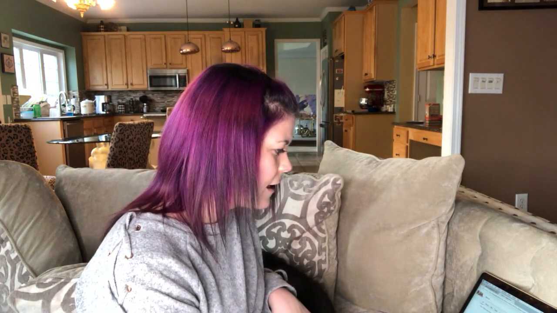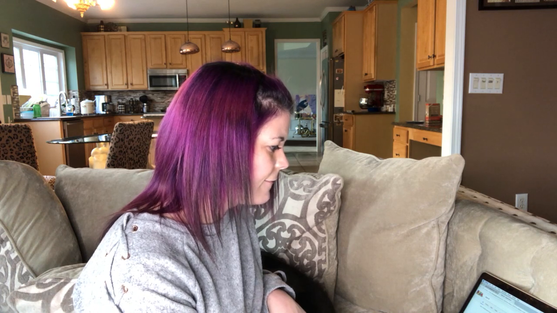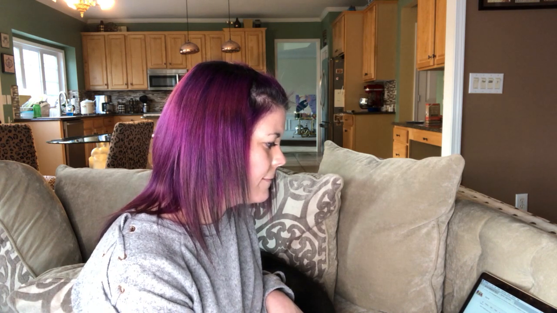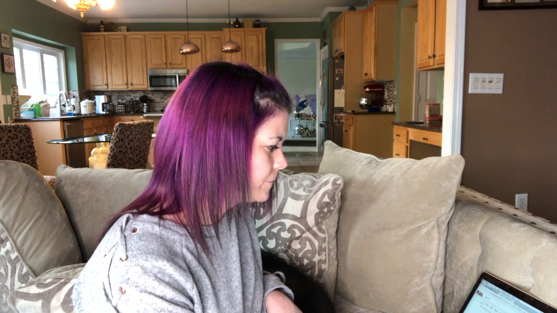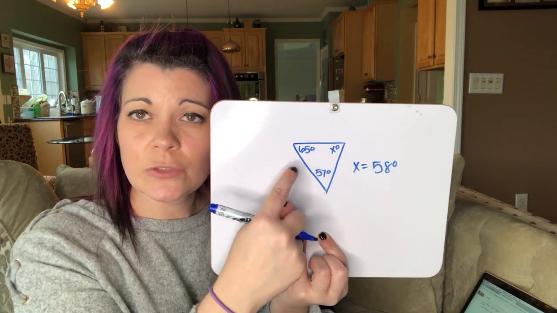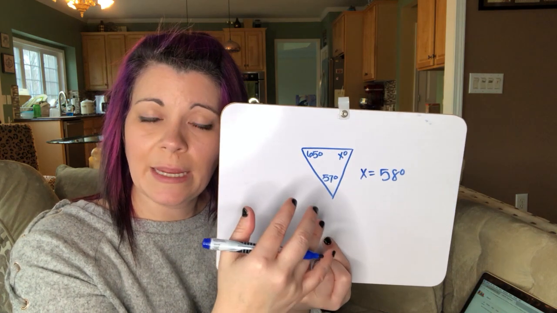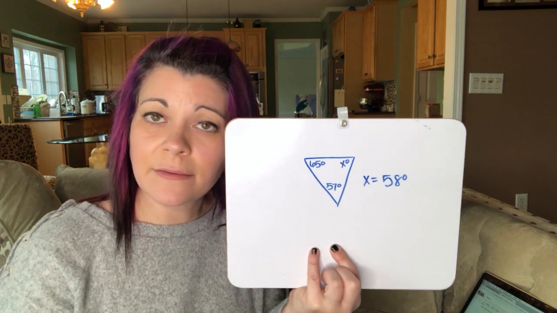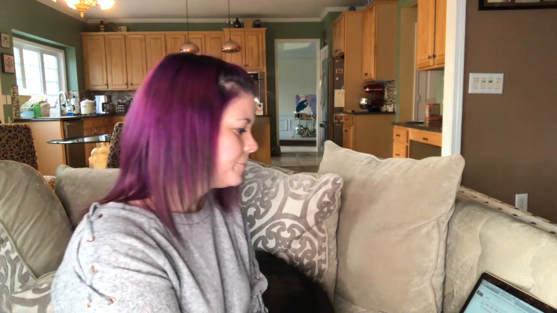So 57 plus 65, and then 180 minus 122. So the missing angle is going to be 58 degrees. All I did was add these 2 up, got 122, and then subtracted 180 minus 122 to get 58, because a triangle adds up to be 180 degrees.